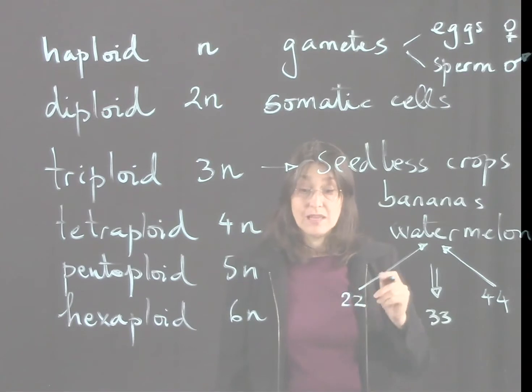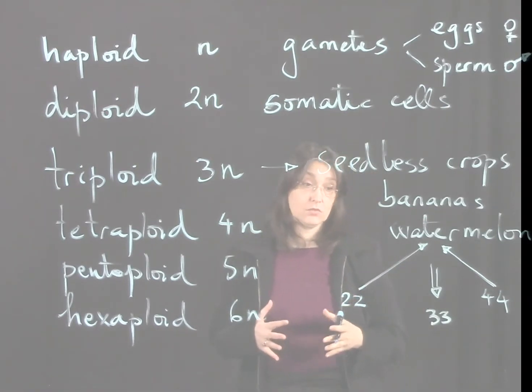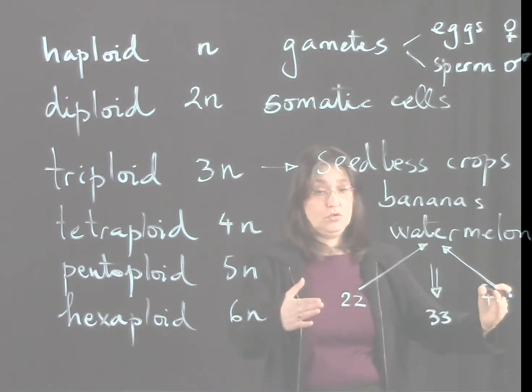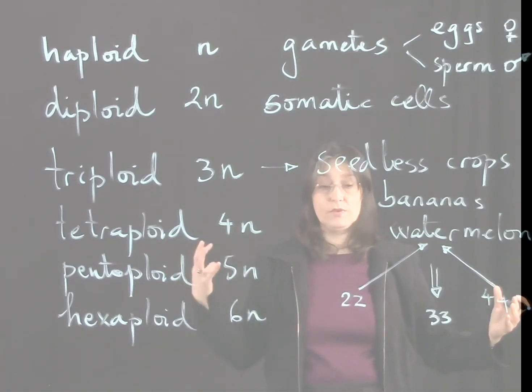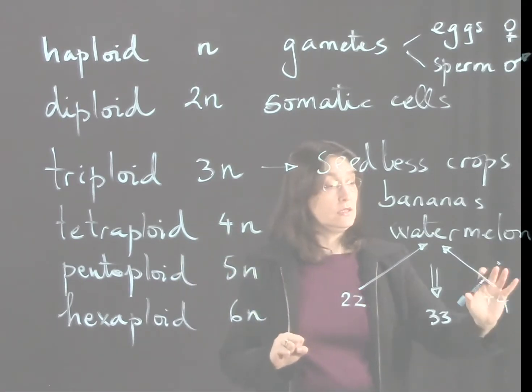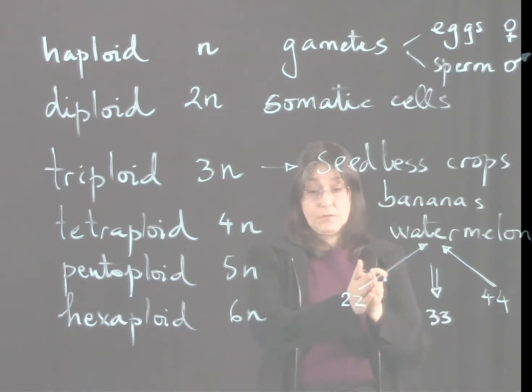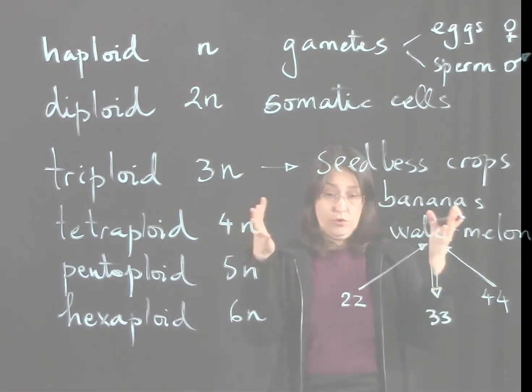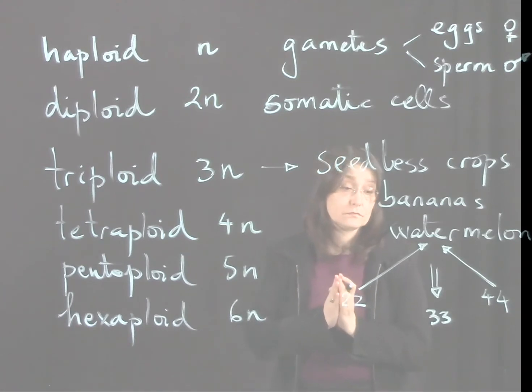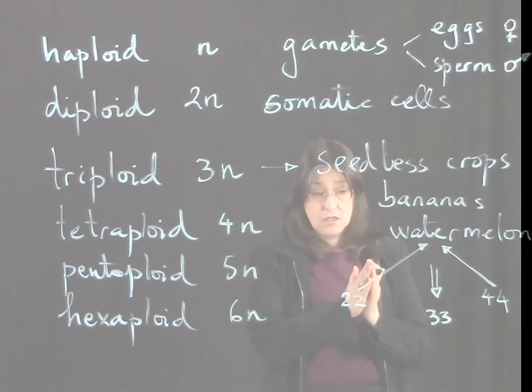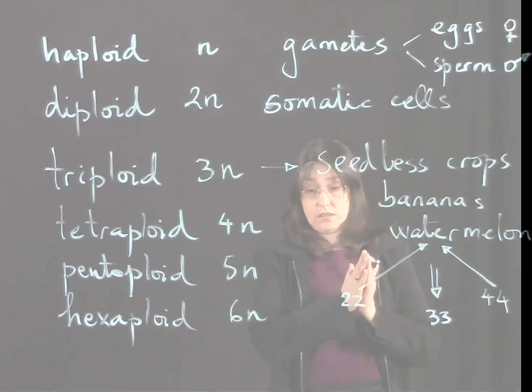So that means that in the summer before, you grew diploid and tetraploid watermelons, produced the seeds, and sold them or grew them yourself, and the next year you have these triploid watermelons.